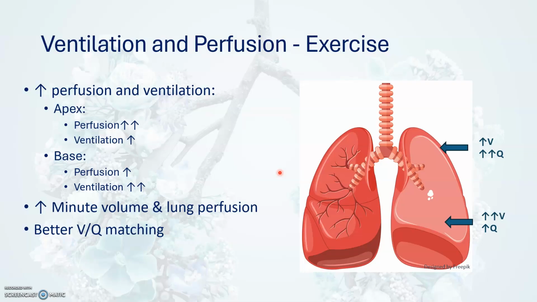Because in exercise, ventilation increases more than perfusion, there's more of a match between ventilation and perfusion. So with exercise, both at the apex and the base of the lung, there's better matching of ventilation perfusion, and there's an overall increase in ventilation throughout the entire lung and in perfusion, both of which increase gas exchange and the blood flow through the lung.